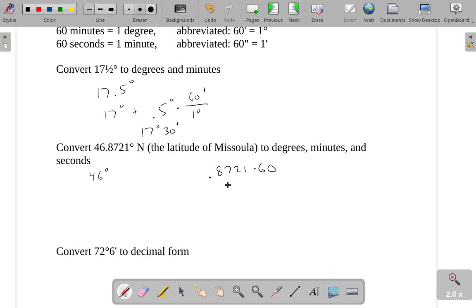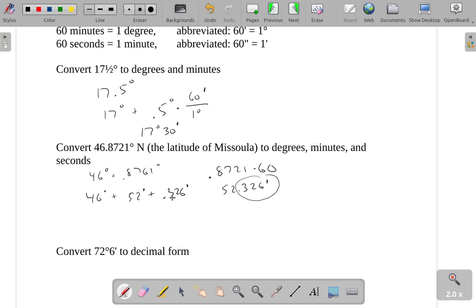So that means that this is 52.326 minutes. So far I have 46 degrees and 52 minutes. And again, I'm going to split off this part right here and say this is 0.326 minutes also.